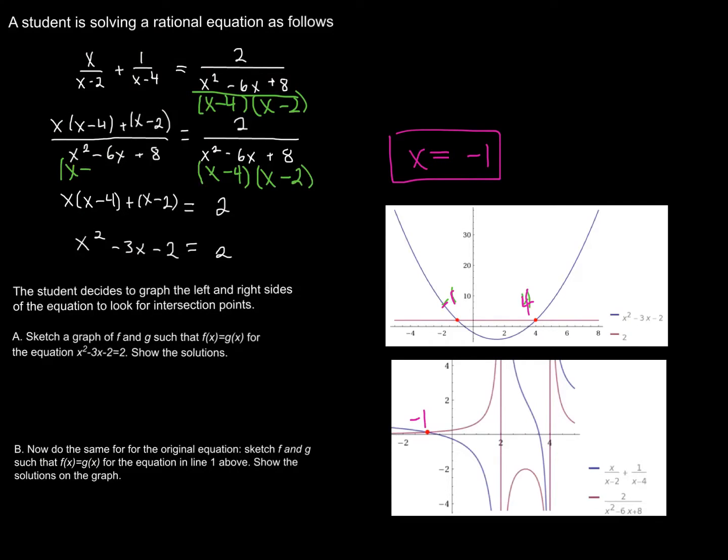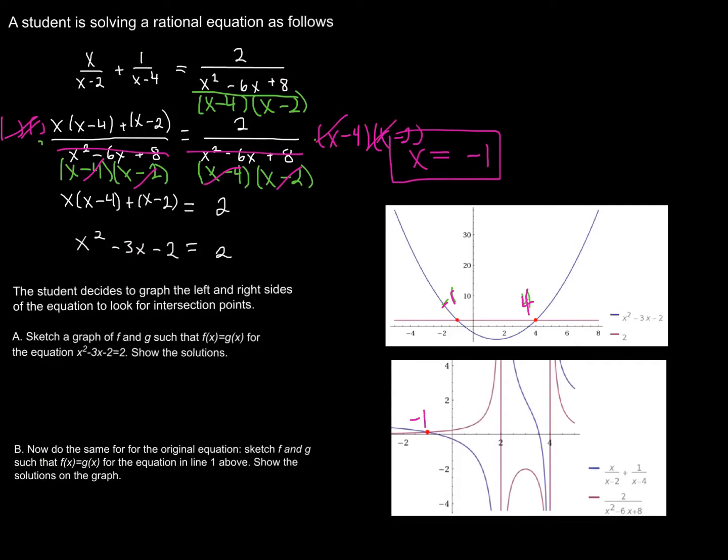When I multiply by that on either side, they will cancel because they're essentially something over itself, which is 1 over 1. And so I end up with no more denominator.